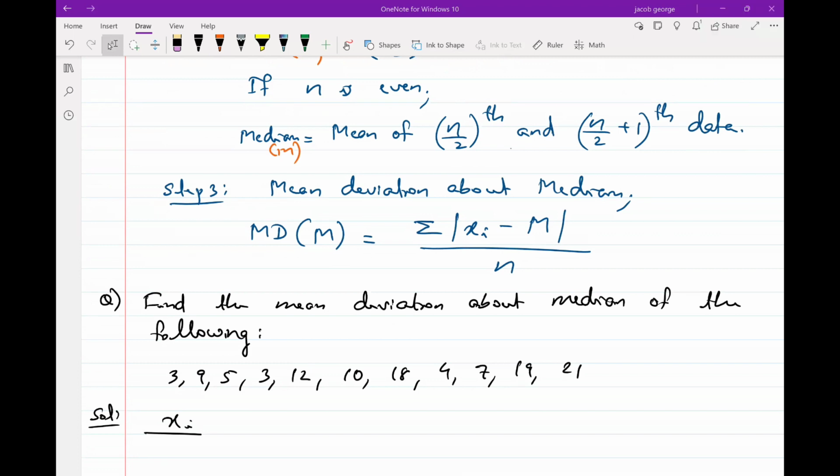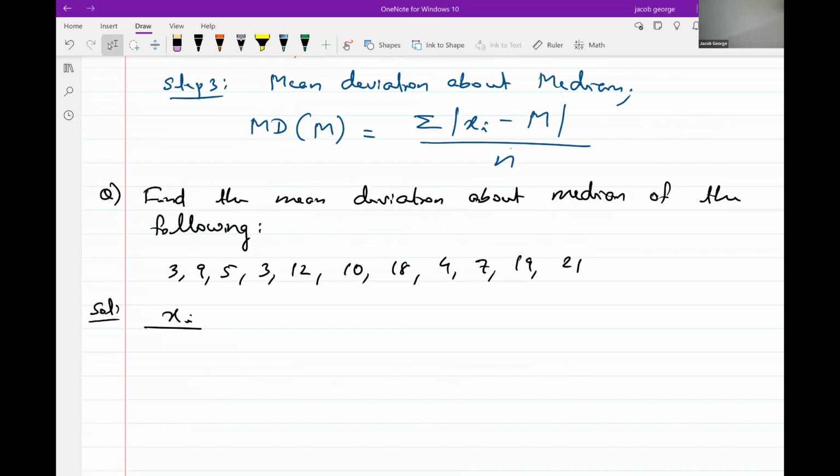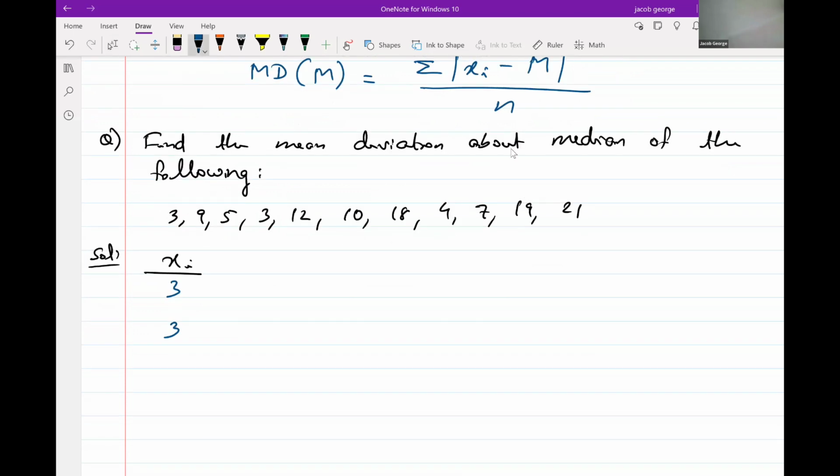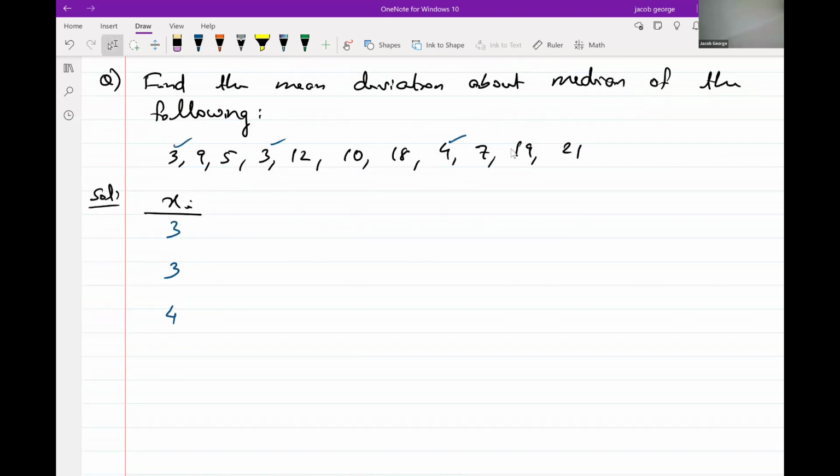Now in this question, the first step is to write the data in ascending order. As a vertical column, we write 3. How many times is it there? 2 times, so 3, 3. Then what is next in ascending order? 3, 3 I wrote, then 4. Next is 5.